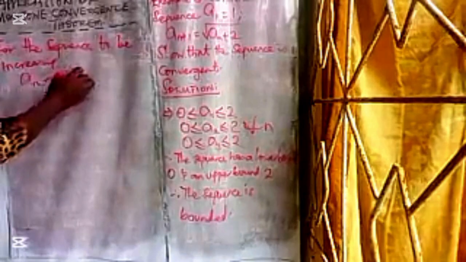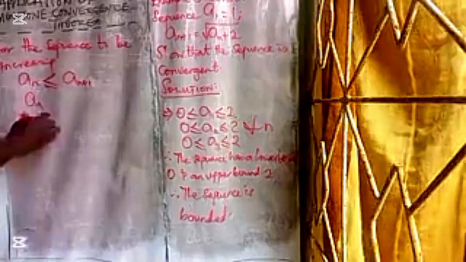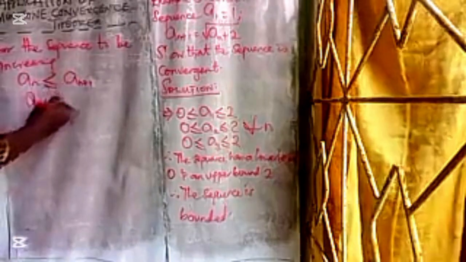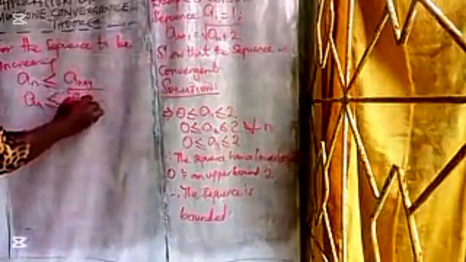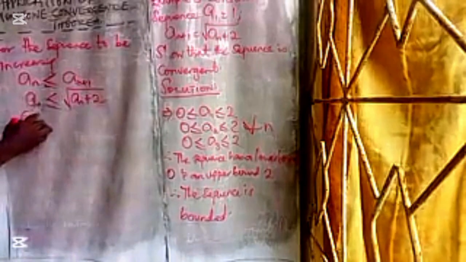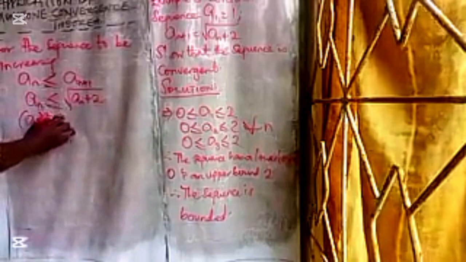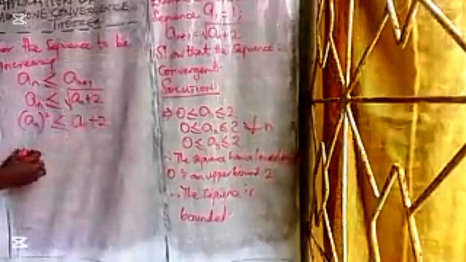For the sequence to be increasing, a_n will be less than or equal to a(n+1). That means a_n will be less than or equal to what? The square root of a_n plus 2. That implies that the square of a_n is less than or equal to a_n plus 2.